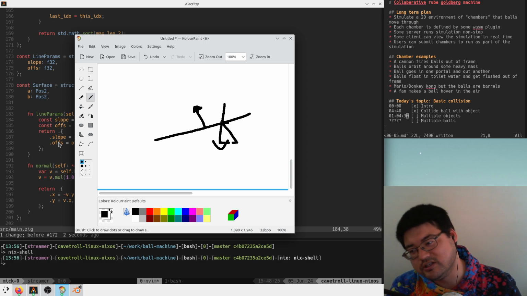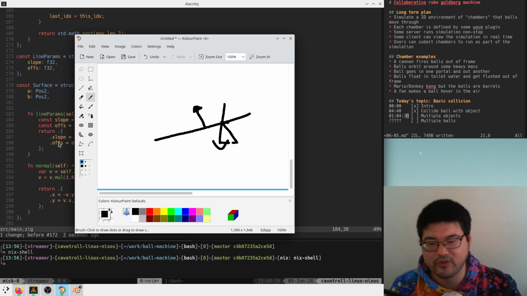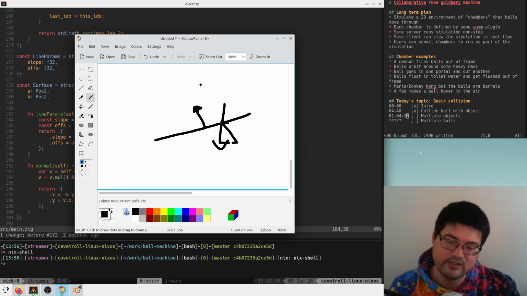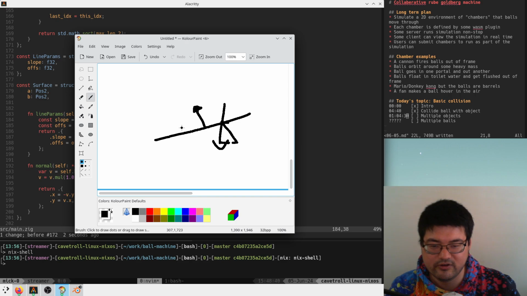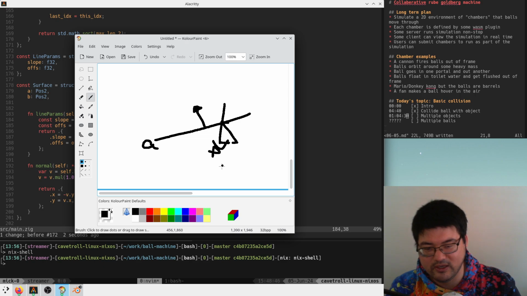Project normal onto a velocity vector. And that's it? Oh, you need some sort of scale from somewhere, which you're saying you're getting from P minus A. So this is A, this is P.